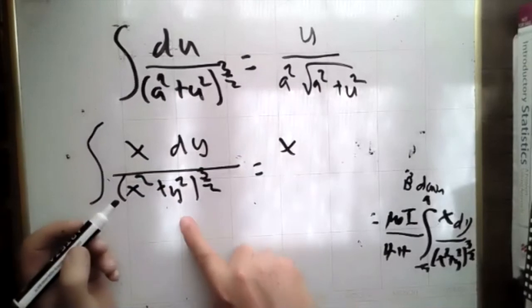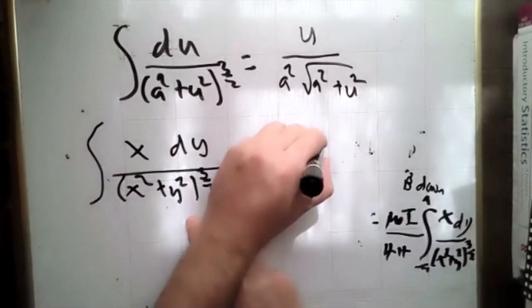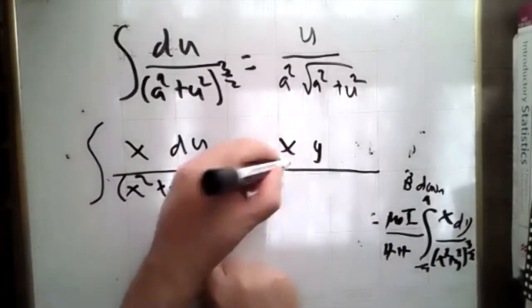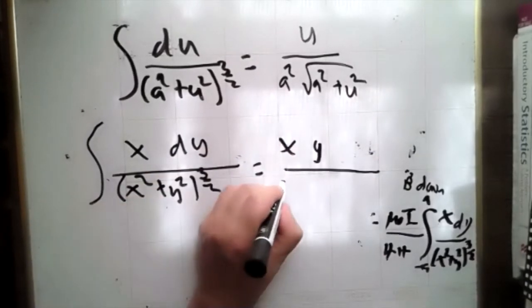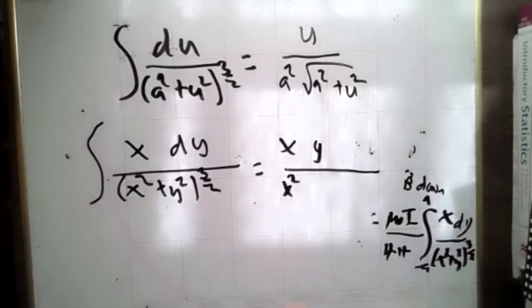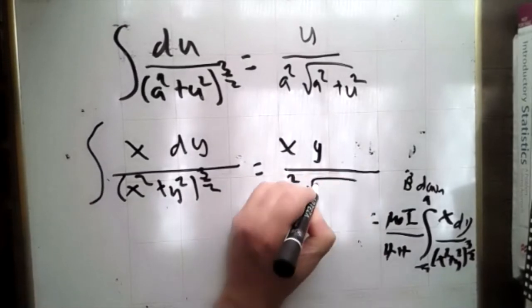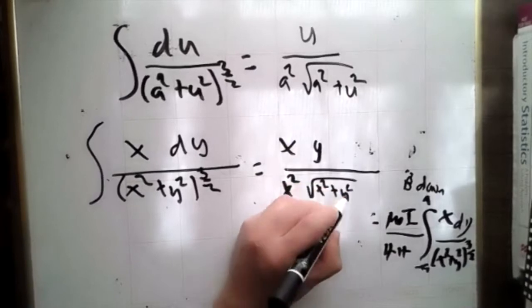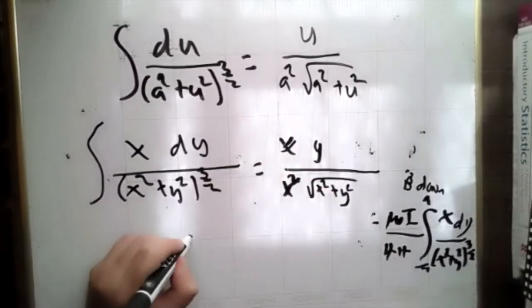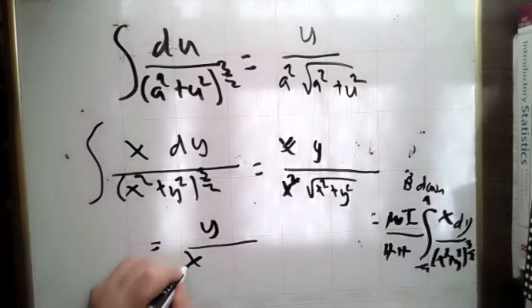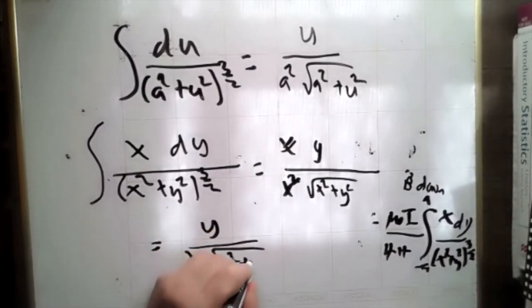I'm going to pick up a u on top. u here is being played by y. I pick up an a squared in the bottom. That will be an x squared. And then times square root of x squared plus y squared. And one of these x's cancel. So I get y over x square root of x squared plus y squared.